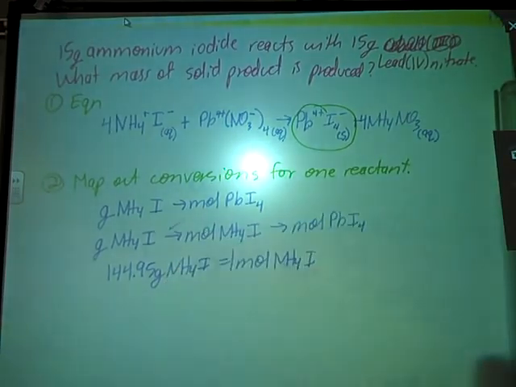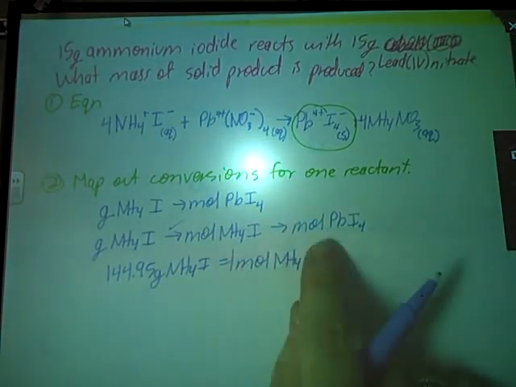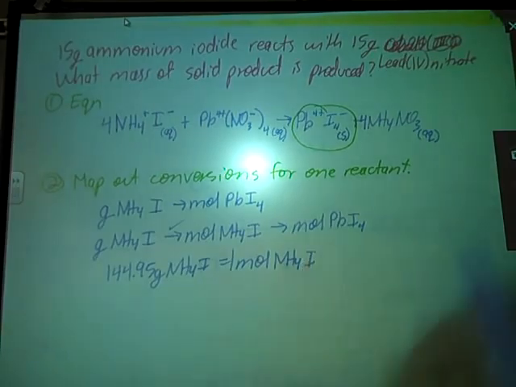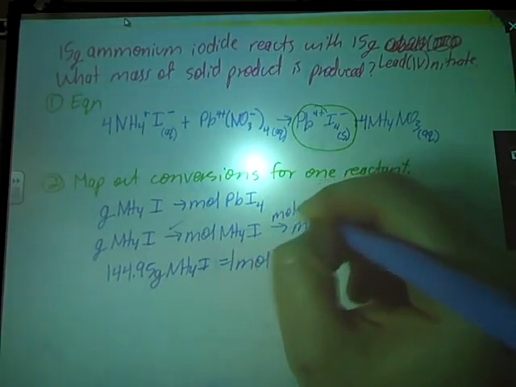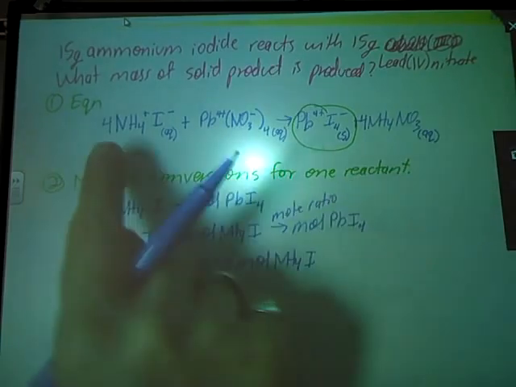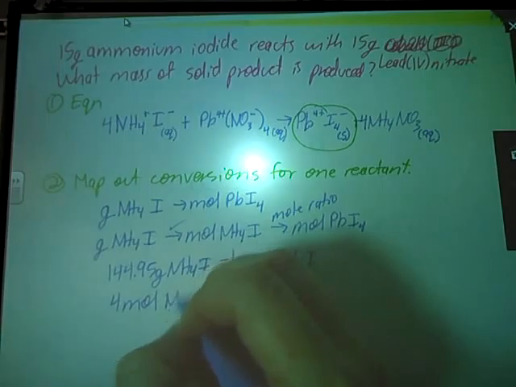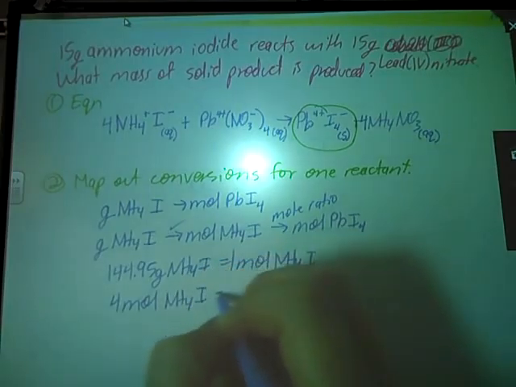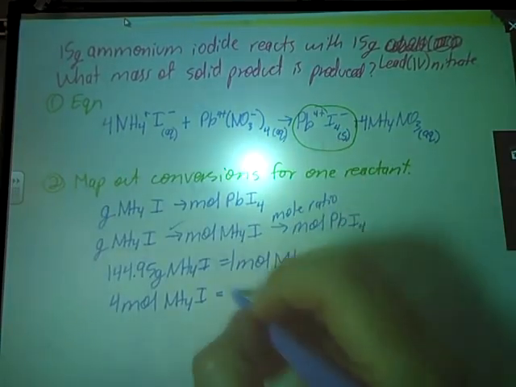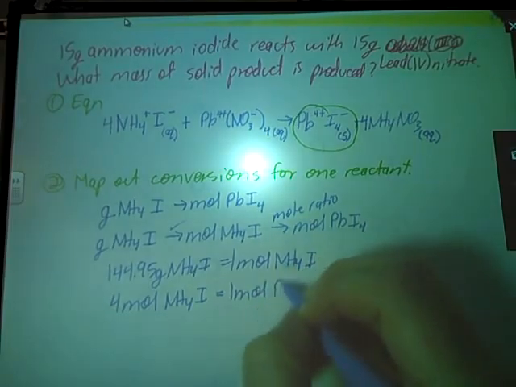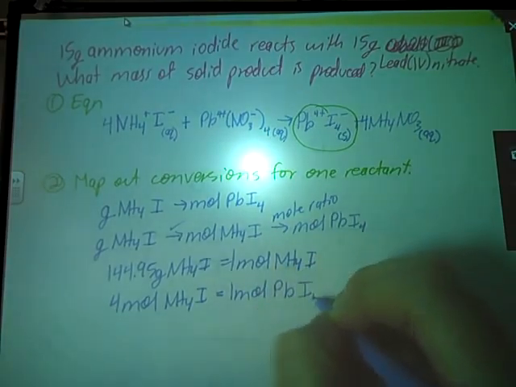That takes care of my first arrow. My second arrow is that mole ratio that I get from my balanced chemical equation. So 4 moles ammonium iodide to 1 mole of my lead iodide.